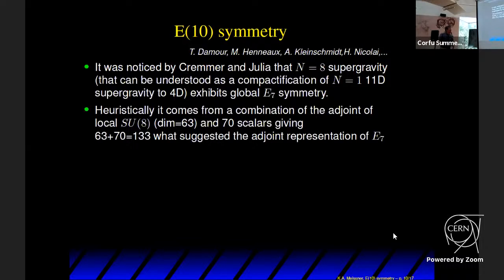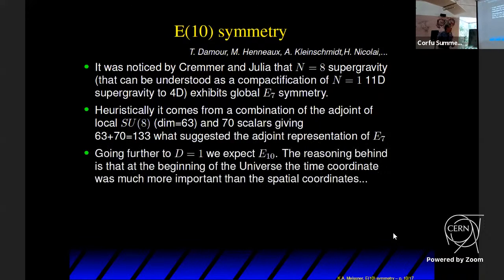They noticed that the local SU8, which has a 63 adjoint representation, when we add 70 scalars, gives 133, and it's the adjoint representation of E7. They realized this E7 as a global symmetry of n equals 8 supergravity. That was a huge surprise, that the symmetry is much bigger than just follows from naive rotation of supergravity charges.